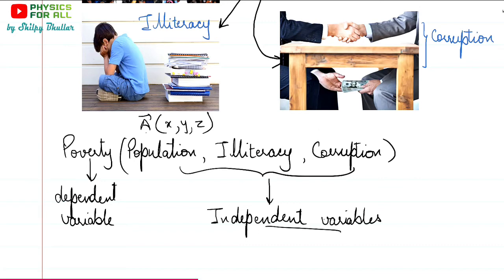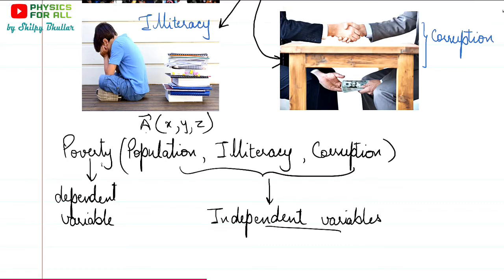So we cannot merge independent variables. They are independent. The name itself says that they will vary on their own. But poverty is dependent variable. So to study the effect of all these three on poverty, we have to take partial differentiation first. Partial differentiation allows you to deal with all the three parameters individually.